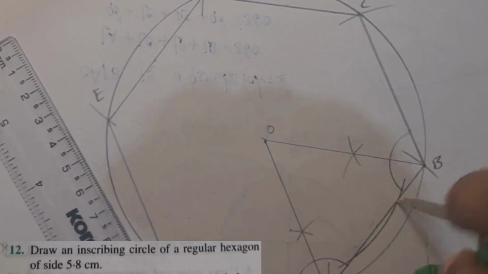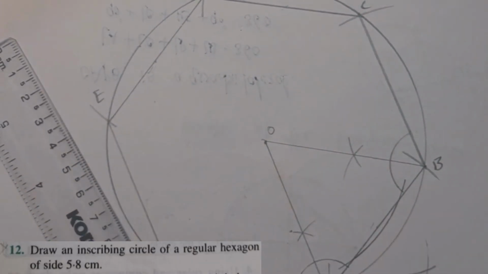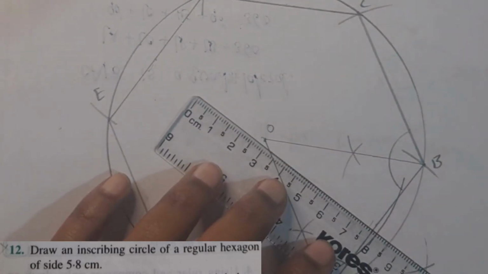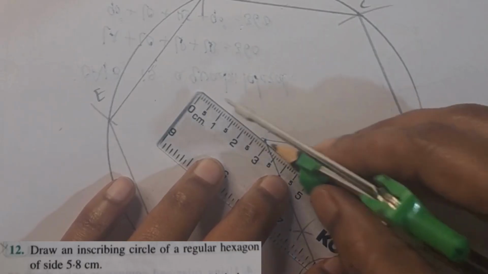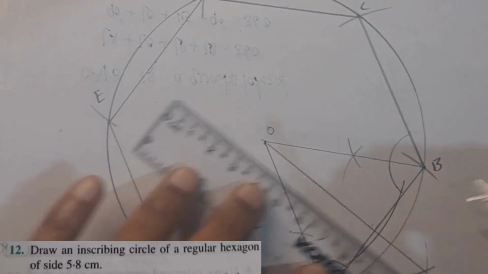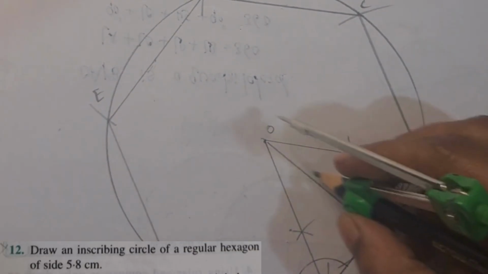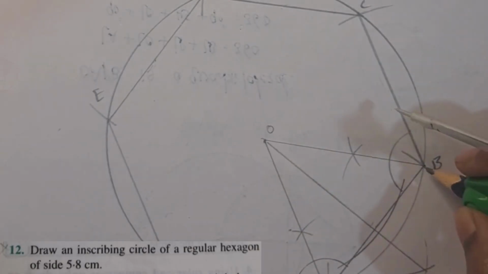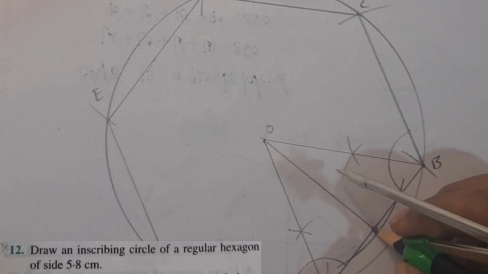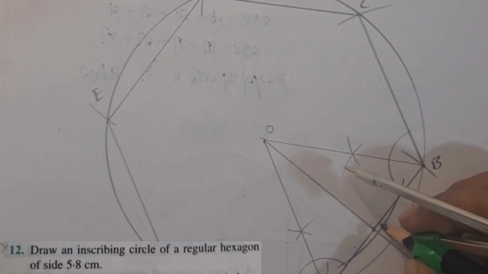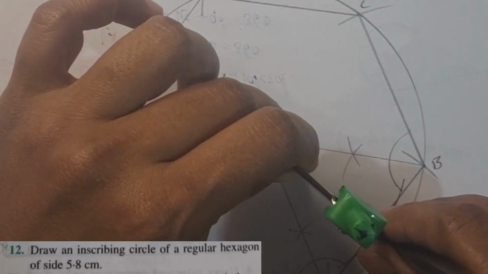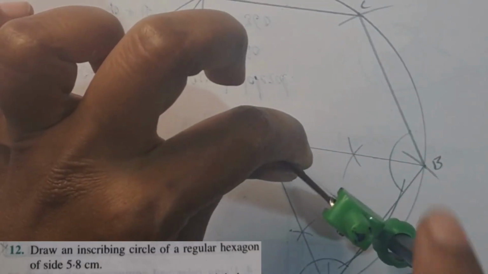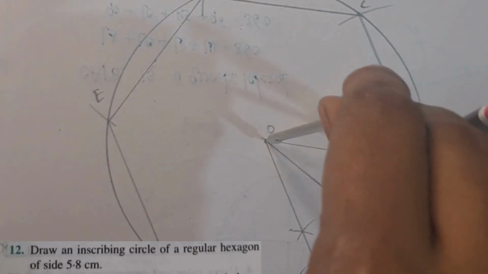From here, cut those arcs. Join O to these arcs. Where this perpendicular intersects AB, that we have to mark with the letter P. From O to P, how much distance is there? From there we have to draw the inscribed circle.